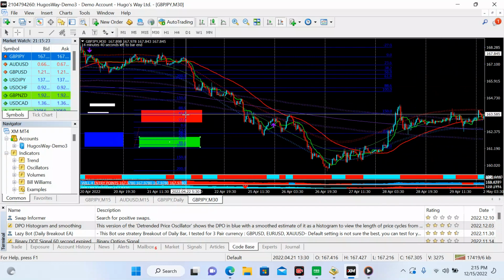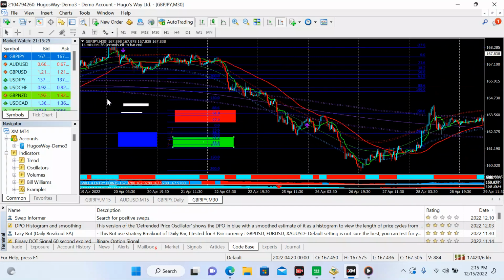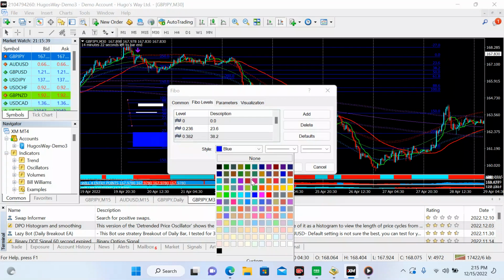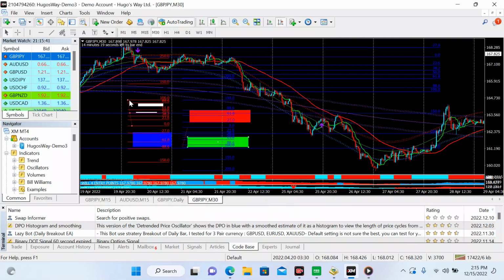So I'm breaking the dip down here. What happened here is the sell zone, which is a seller's Fibonacci.